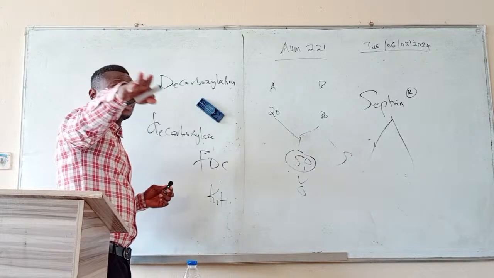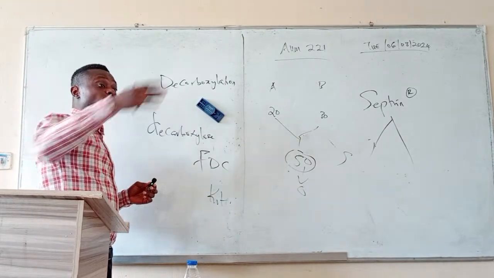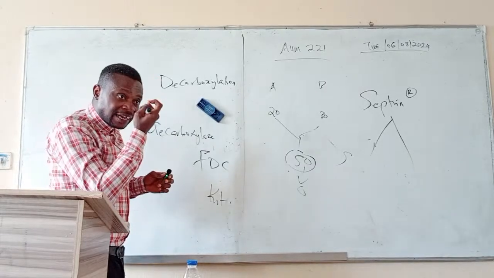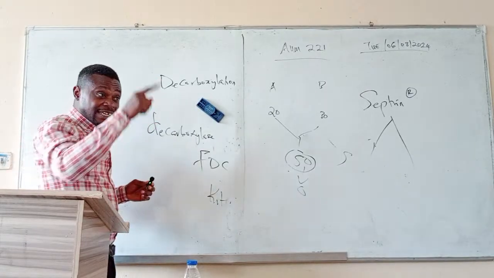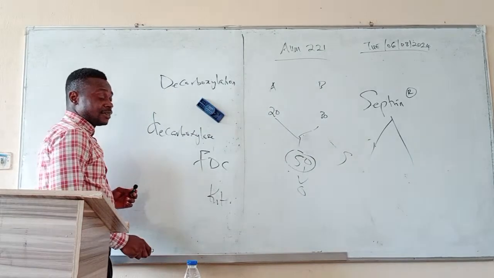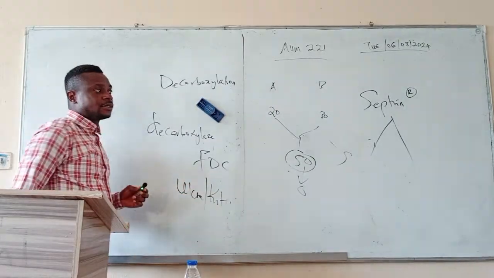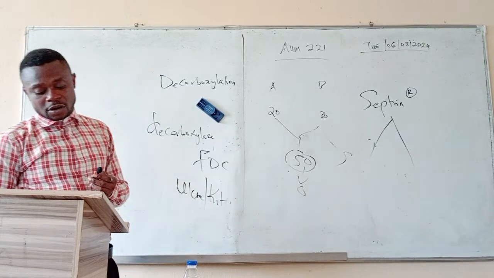Then omeprazole or whatever PPI they are using will be on its own. They are not in one capsule. That one is a kit. That's where that name came from. The ulcer kit is a kit. It's not a fixed dose combination.